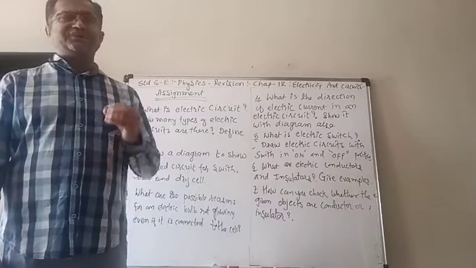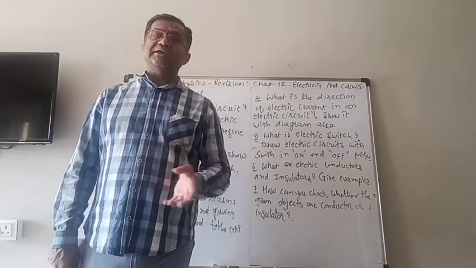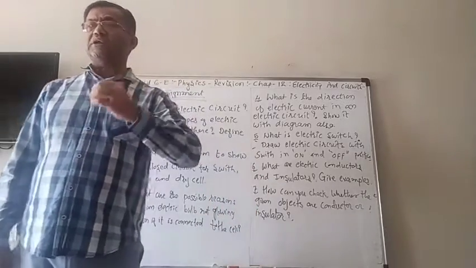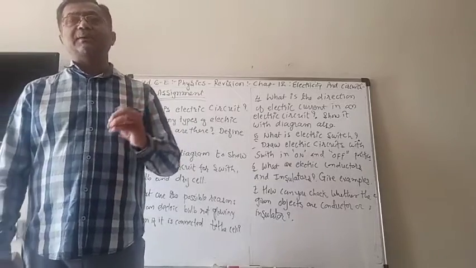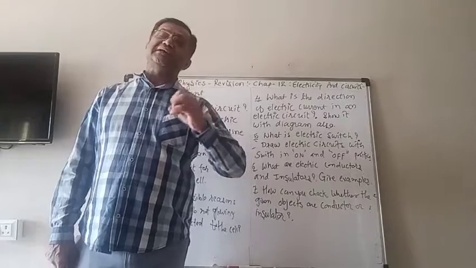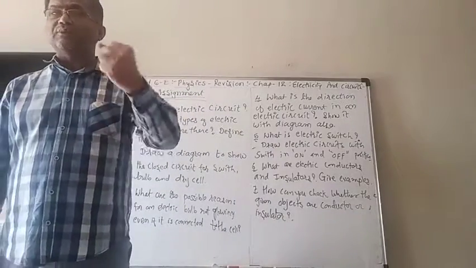That type of circuit is known as the open circuit. In an open circuit, the current cannot flow, the bulb cannot glow, and we cannot get light. It doesn't matter if you put the switch in the on position also.